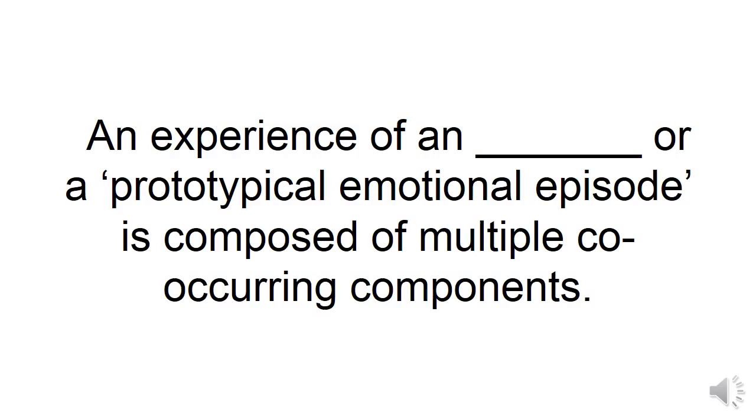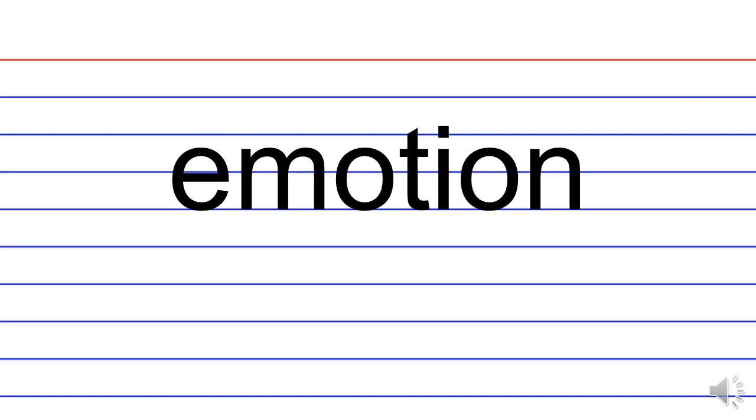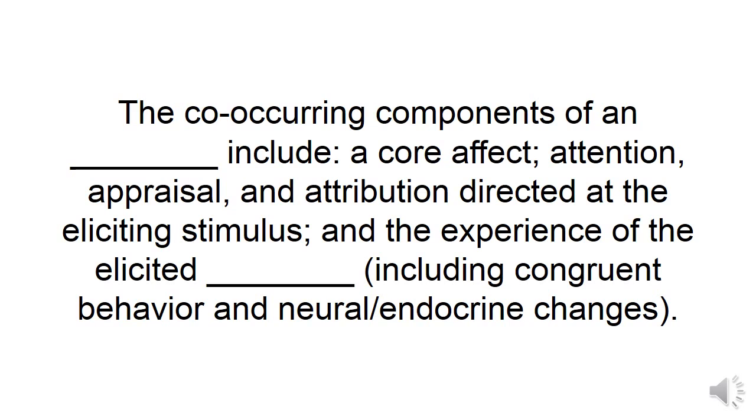An experience of a prototypical emotional episode is composed of multiple co-occurring components. So what is this? I think you know what it is by now. That's right, you guessed it, an emotion. The co-occurring components of an emotion include a core affect, attention, appraisal, and attribution.